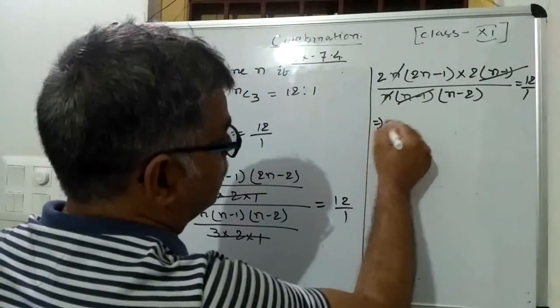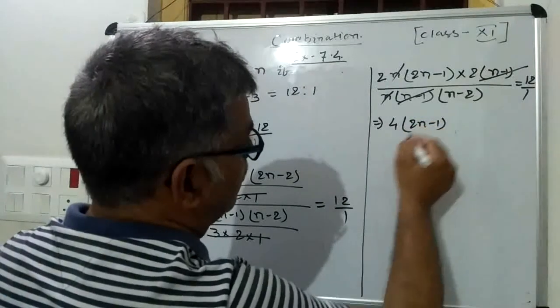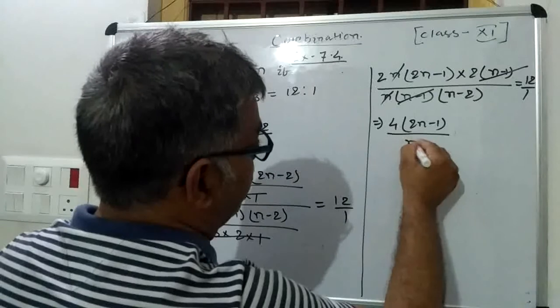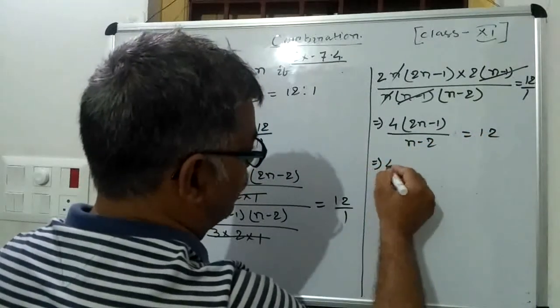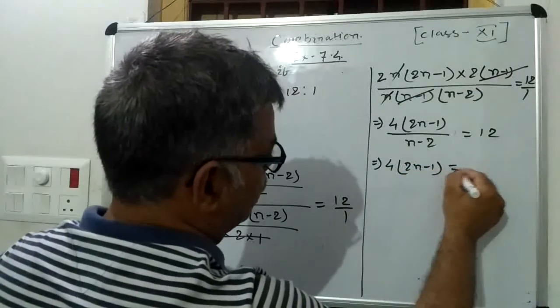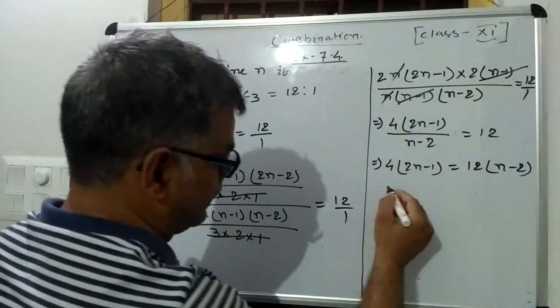So now we are left with 4 into 2n minus 1 by n minus 2 equals 12. So we have 4 into 2n minus 1 equals 12 into n minus 2 by cross multiplication.